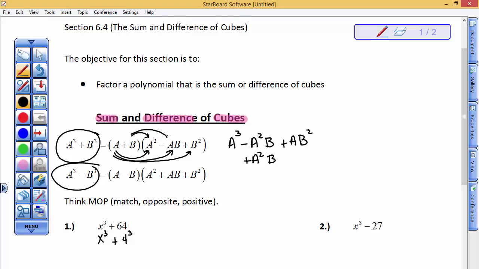And then right here, this positive times this negative is a negative a b squared, a negative a b squared. And finally, b times b squared is b cubed.